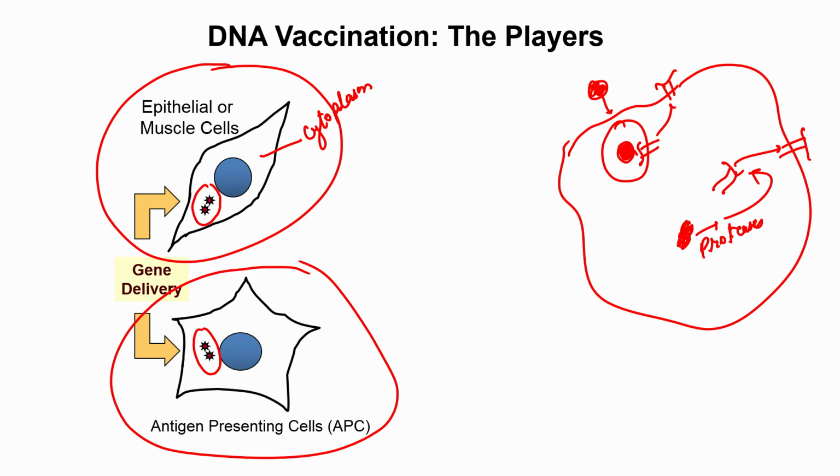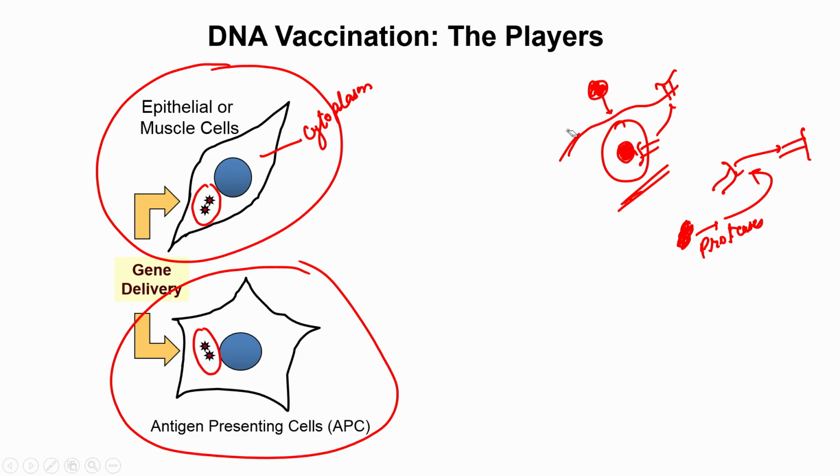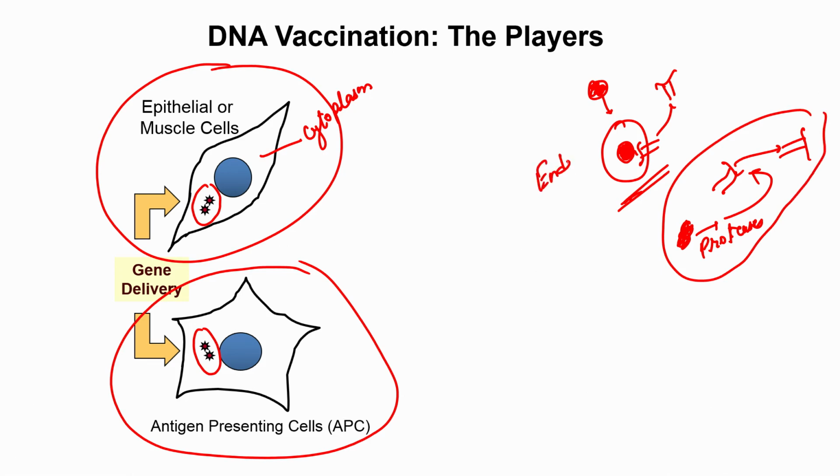It is fairly easy to get to the first route from an external system, because most cells will try to take up particles or any external pathogen that you are giving them, but it is very hard to go towards this route, because it is very hard to deliver these things to the cytoplasm.